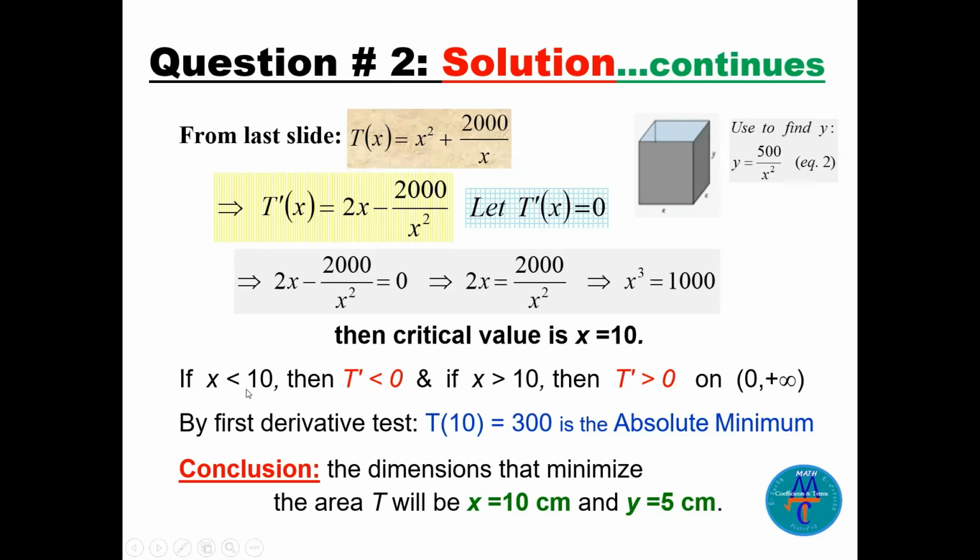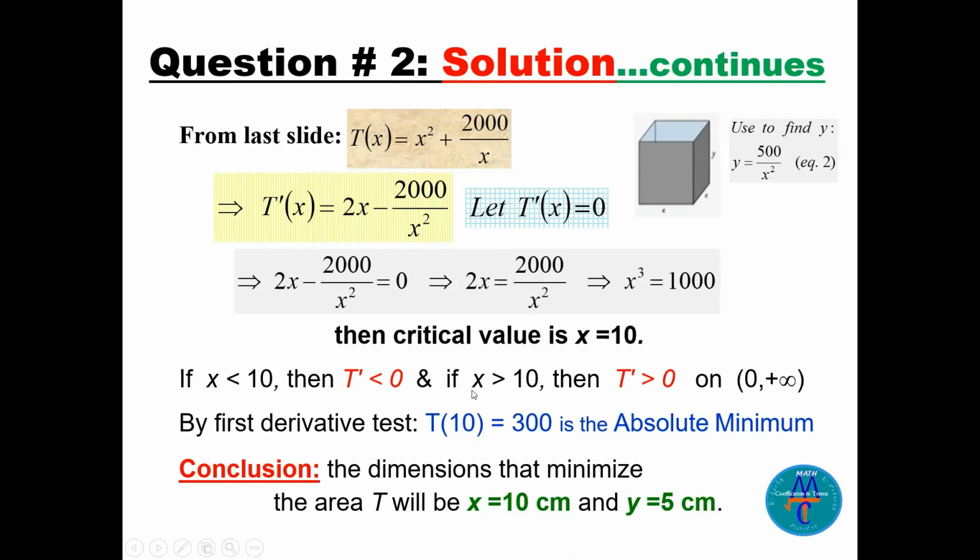Now, if x is less than 10, just take any number x less than 10, and it should be for sure greater than 0. Let's take 1. So here you place it there. 2 times 1 minus 2000 divided by 1. So T prime will be negative. That means the function T is decreasing.